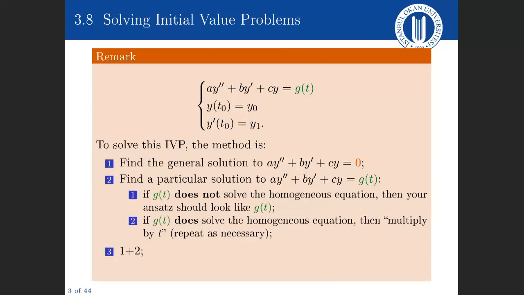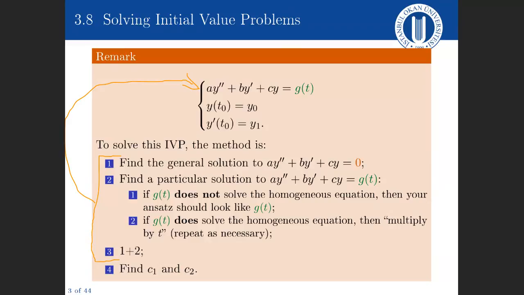Step 3, we're going to add these two functions together. And then finally, in step 4, we're going to find the constants C1 and C2 to satisfy the initial conditions. So to say that again, steps 1, 2, and 3 are all about finding the general solution to our non-homogeneous equation.